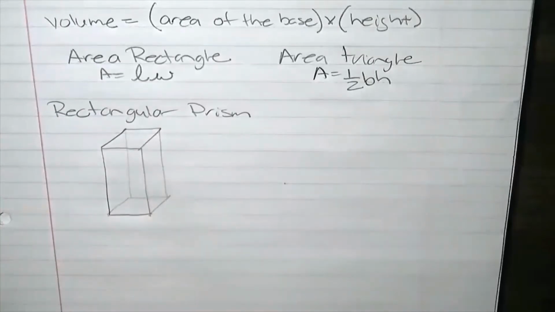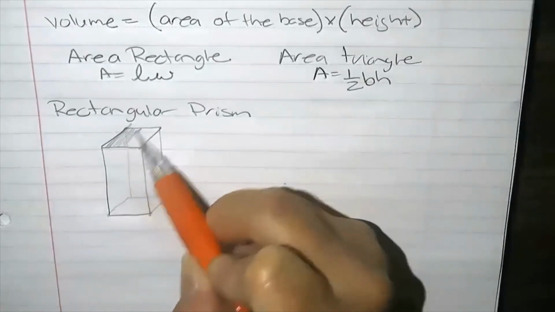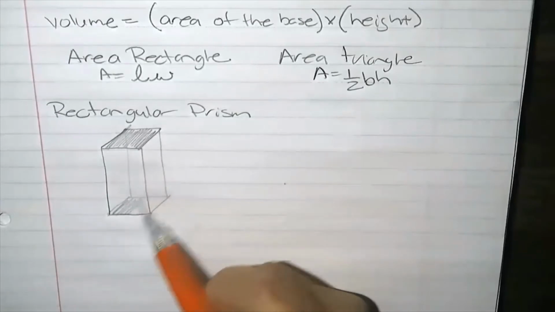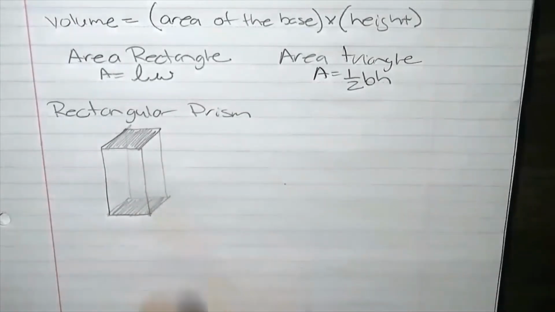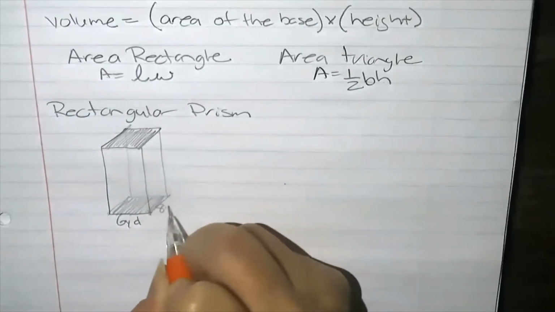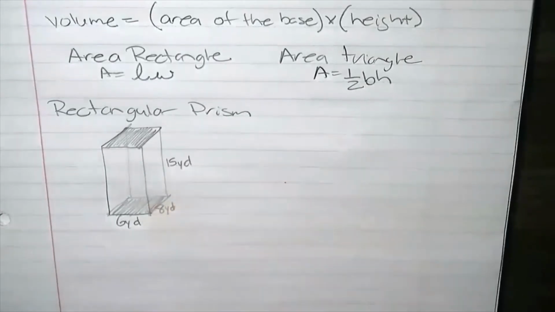Not too bad. So here's my rectangular prism. And remember, a prism has 2 bases, 2 congruent bases, one on the top and one on the bottom. And they're giving me the measurements of 6 yards, 8 yards, and 15 yards.